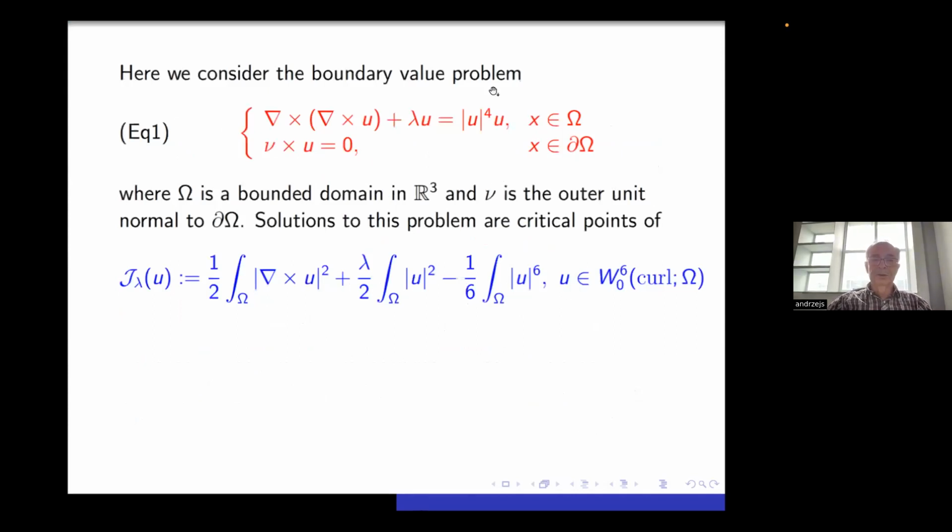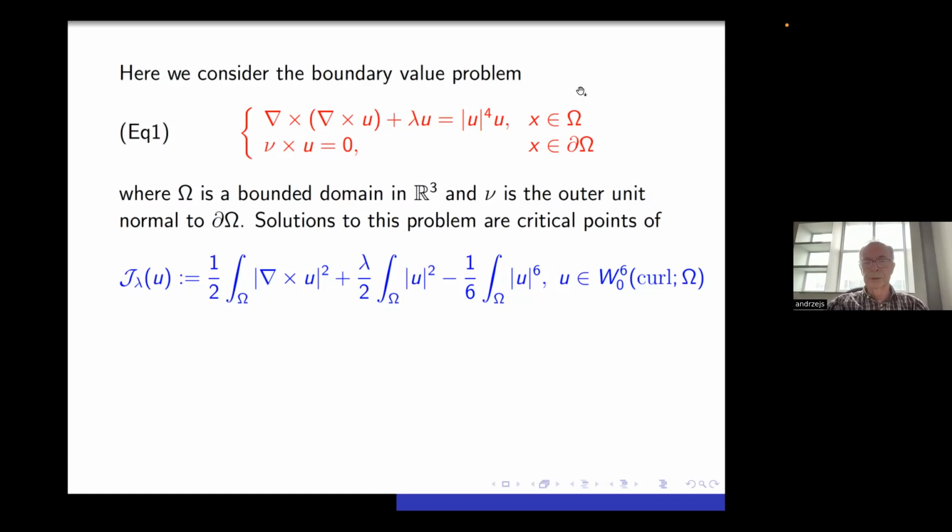So now what we consider here is this boundary value problem. And here one has nu, which is the outer unit normal, and nu cross u should be 0. Physically, this corresponds to a situation where omega is surrounded by a perfect conductor.